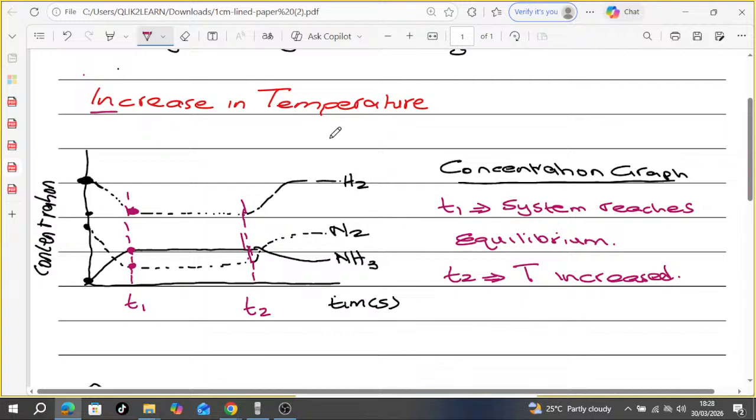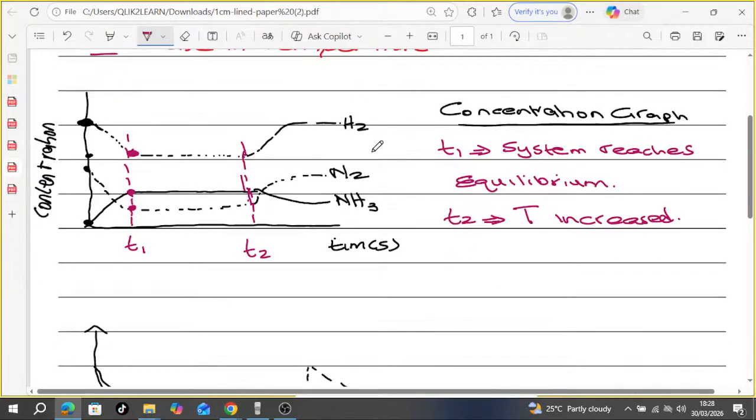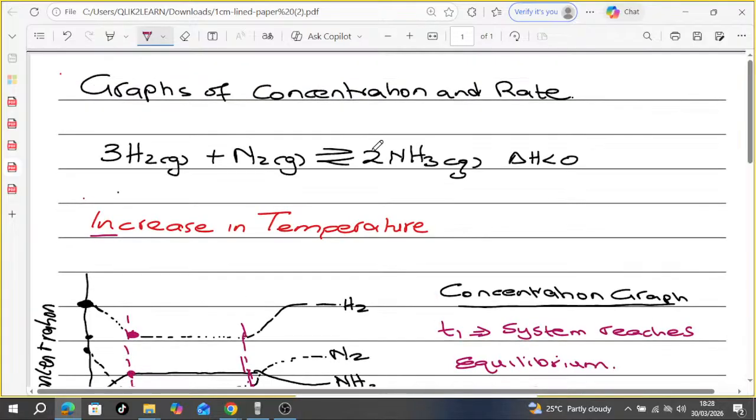So are you saying that here we're going to favor the reverse reaction? Okay, wait, let me say it to my understanding. We say delta H is less than 0, right? Yes. And delta H being less than 0, that is exothermic. And then we know that the forward reaction is going to be exothermic.